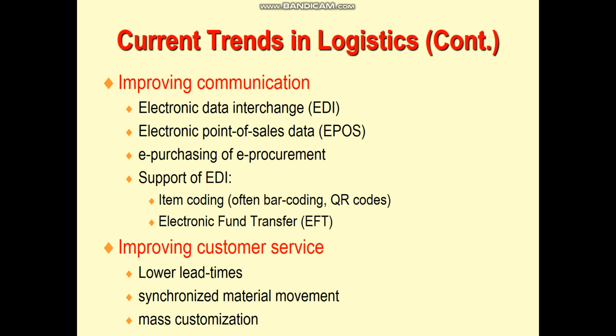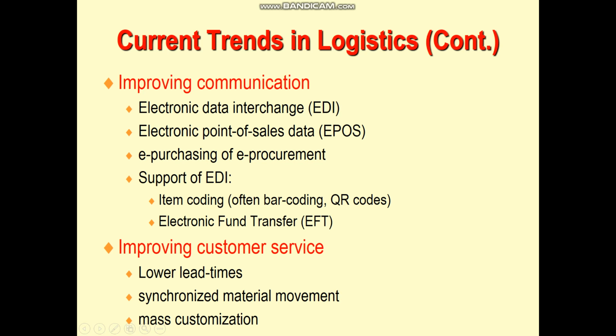So we can use electronic data interchange or electronic point of sales data, or we use barcoding or RFID or QR code. Or we also want to improve the customer service, that is a lower lead time. Lead time is the waiting time.